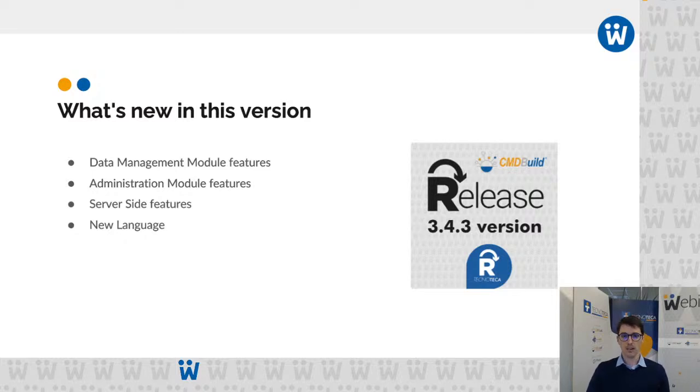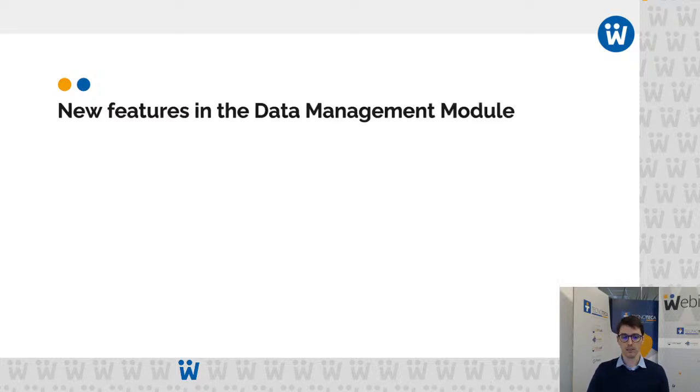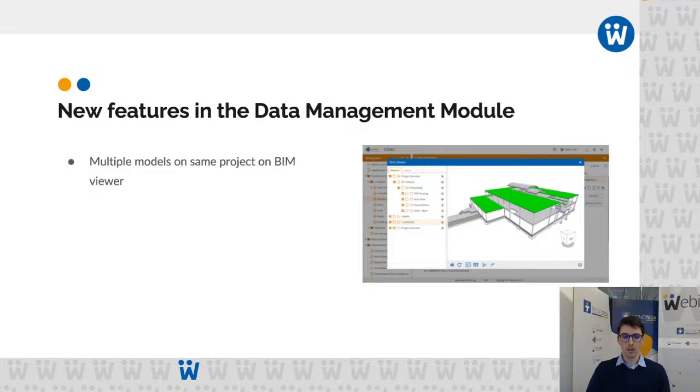Now, let's start viewing which are the new features in the data management module. First of all, we have added the possibility to add multiple models on the same project on the BIM viewer. Until this release in the BIM viewer, it was possible to upload only one file, one project.